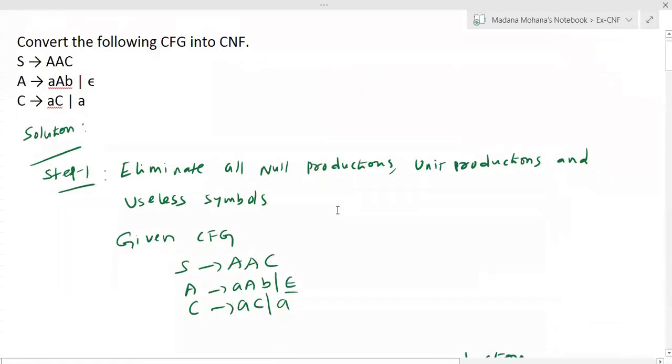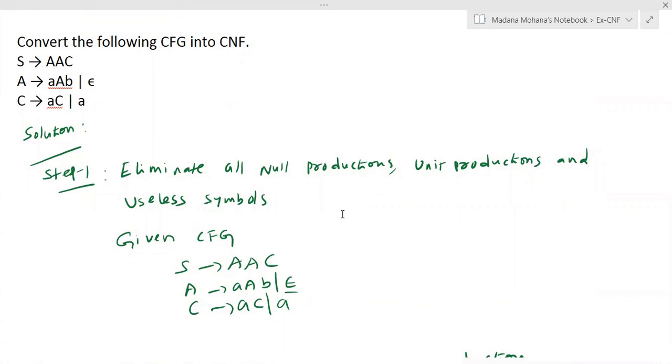Now you can see the given CFG. Step 1: eliminate all null productions, unit productions and useless symbols. If any of them are there, you can eliminate them. Otherwise, you can proceed to step 2. Sometimes the given context-free grammar does not contain unit productions, null productions and useless symbols.